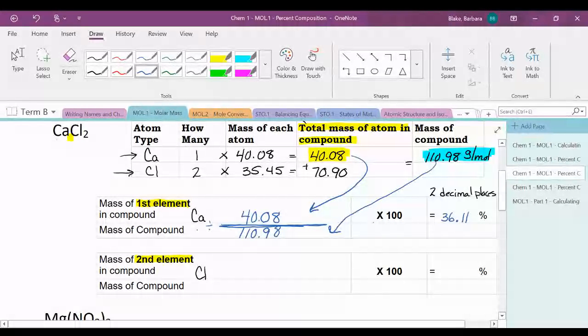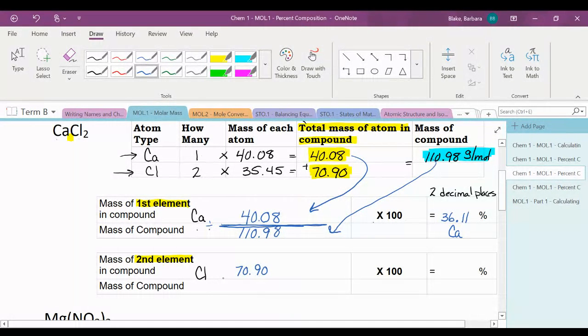So second part of this problem, that's my percent of calcium in the problem. Now I need to find my percent of chlorine. And my percent of chlorine is very similar. I'm going to take this 70.90, and that's going to become the mass of chlorine in the compound. No, don't just take the standard mass of chlorine because I need the amount that's in the compound.